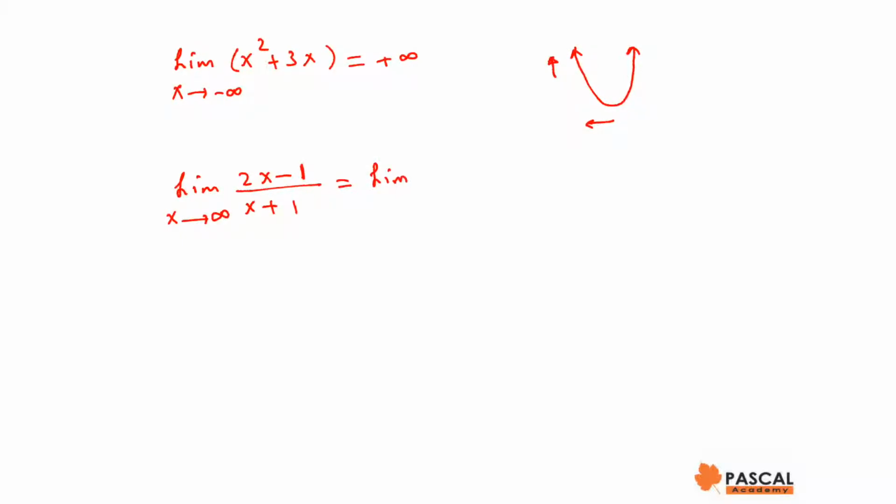If we divide both the numerator and the denominator by x, this limit can be written as 2 minus 1 over x divided by 1 plus 1 over x as x approaches infinity. Limit of 1 over x as x approaches infinity is 0. When x approaches infinity, 1 over x approaches 0. Therefore, our limit would be 2 over 1, which is 2.